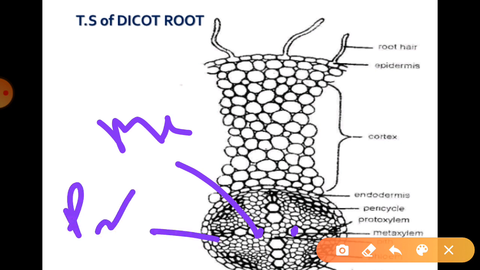The structure of this xylem is again exarch, because as I have already told you, in the exarch condition the metaxylem is toward the center, near the pith, and the protoxylem is at the peripheral regions, and inside that there are some other parts.